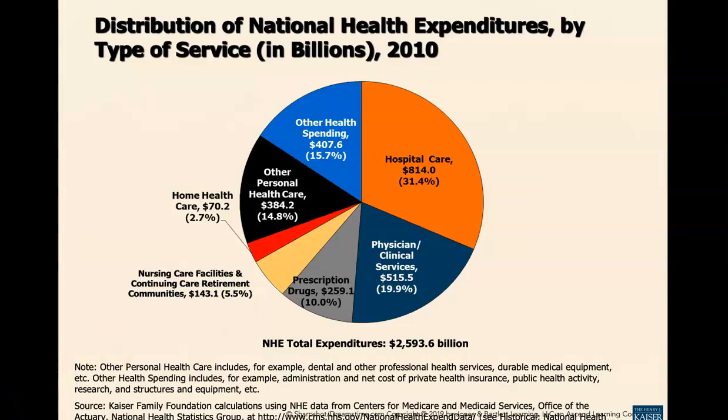Also, in 2010, when added together, hospitalizations and payment for physicians and clinical services comprise a little bit more than half of the total expenditures for healthcare in the United States. So this is about 51% of the total expenditures that went to either hospitalization or payments to physicians.